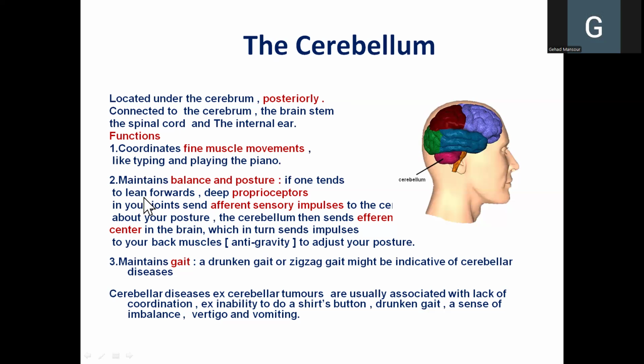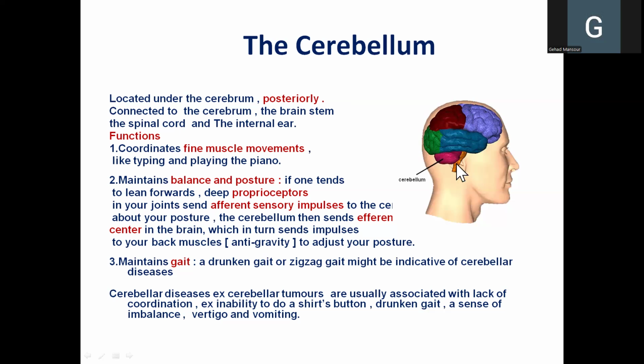But it is also important for balance and posture, because we saw that there is a connection between the semicircular canals in the internal ear and the cerebellum. And the connection is the 8th cranial nerve. So if I ask you how the cerebellum maintains balance and posture, or a more difficult question, what's the connection between the ear and the cerebellum?